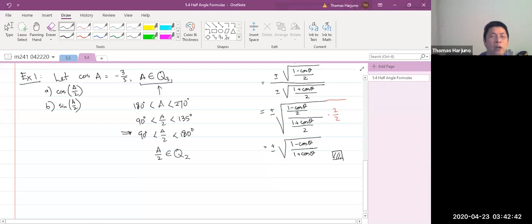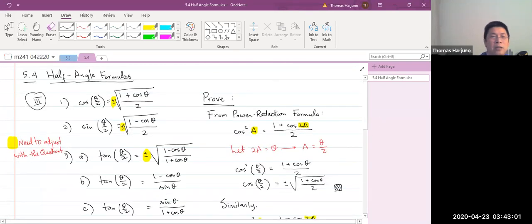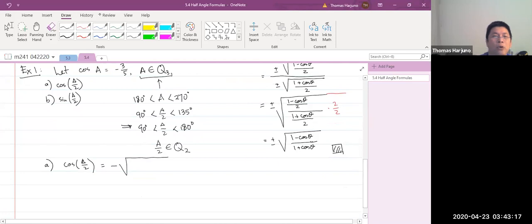Okay, now from there, when we answer part A, cosine A over 2, in quadrant 2, cosine is negative. You see what I mean? According to the formula, it should be plus minus, but the reason we put plus minus there is because we need to adjust with the quadrant first. You need to know which quadrant theta over 2 is located in. So that's what I did here.